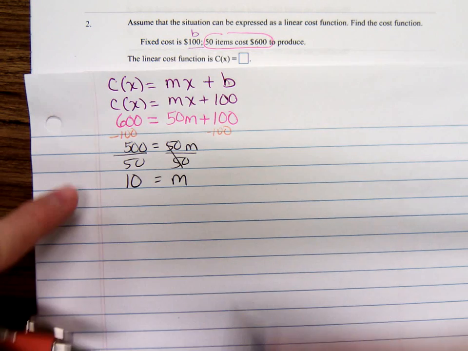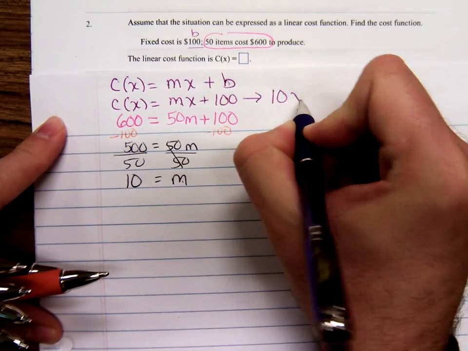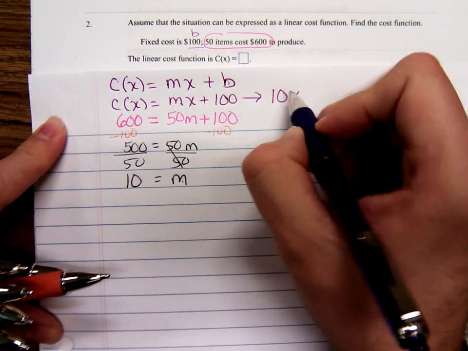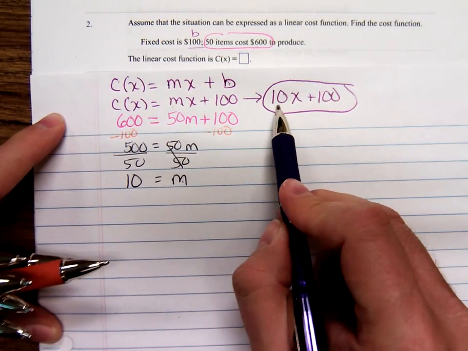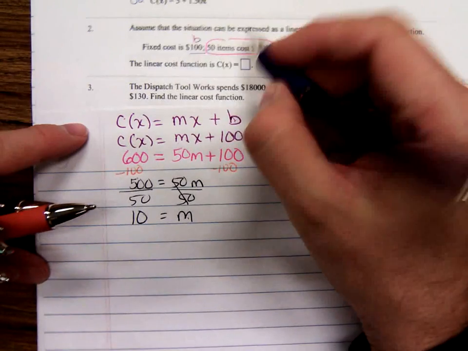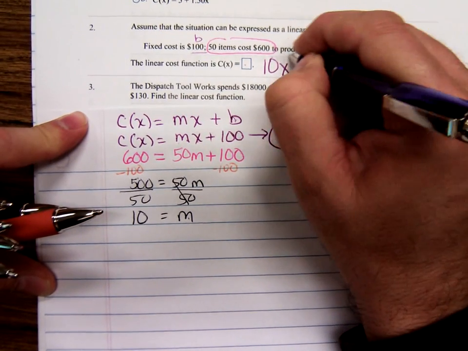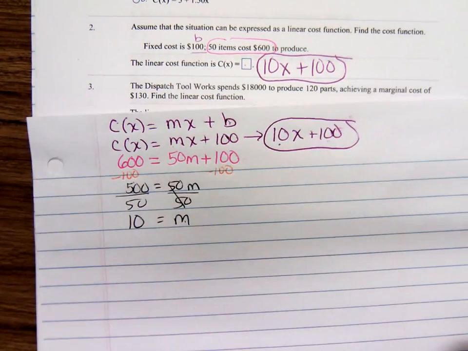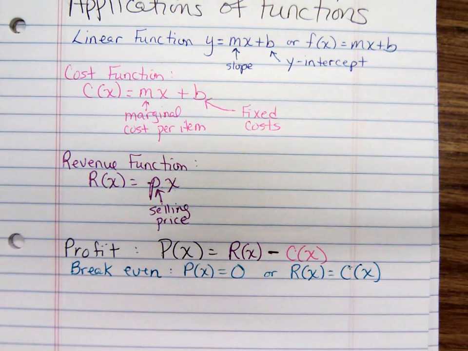That means our cost function would be 10x plus 100. So the marginal cost per item is $10. The fixed cost is 100. So in this box right here, you would type 10x plus 100. This is cost profit revenue analysis.